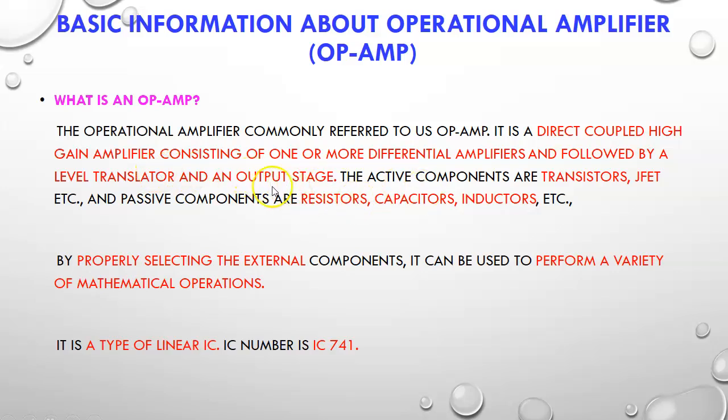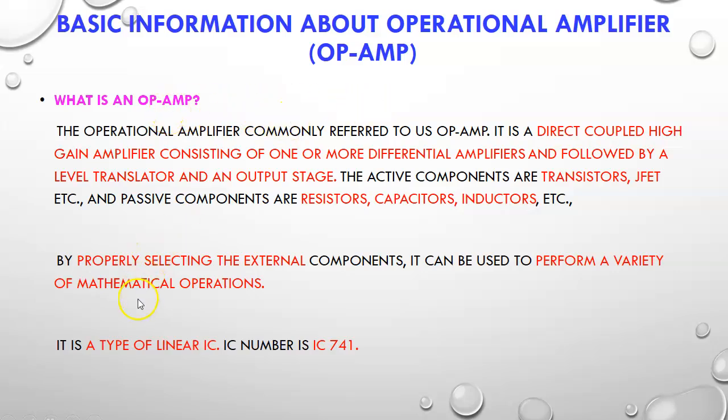Here the active components are transistors and FETs that are fabricated, and passive components are resistors, capacitors, etc. By properly selecting the external components with this IC, it can perform a variety of mathematical operations. So this amplifier is called an operational amplifier.